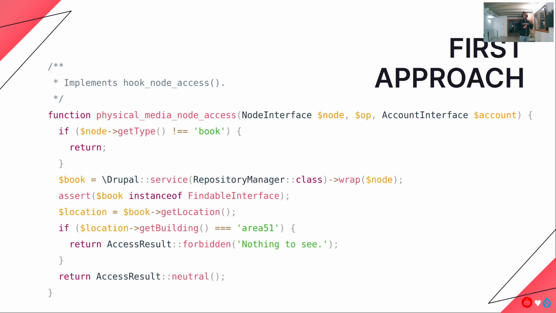And if the book is findable, remember we implemented custom because we are already using typed entity, and we are declaring our objects capabilities through interfaces. If it's findable, you can find it, you can get the location, and if the building is Area 51, you return access forbidden, right?